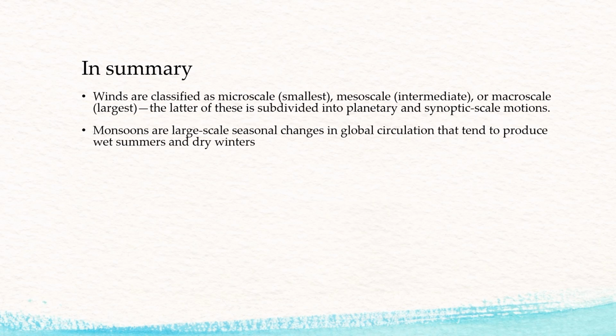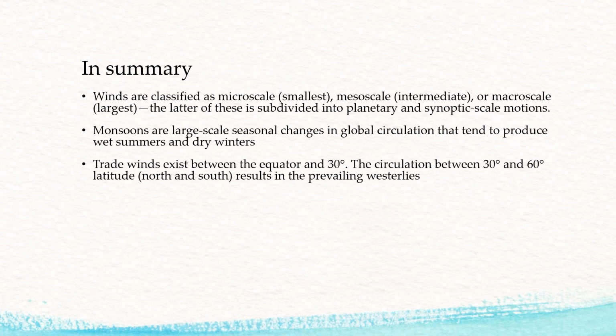Also, we have to take note that monsoons are large-scale seasonal changes in global circulation that tend to produce wet summers and dry winters, and trade winds exist between the equator and 30 degrees latitude. The circulation between 30 and 60 degrees latitude, both north and south, results in the prevailing westerlies.